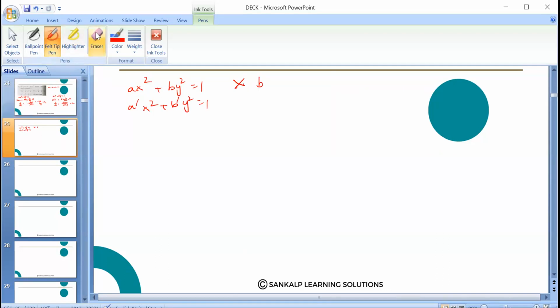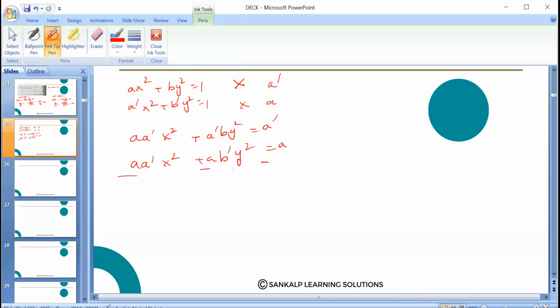Or we can do one thing: multiply the first equation by a dash and the second one by a. a dash a x square plus a dash b y square equal to a dash. a a dash x square plus a b dash y square equal to a.